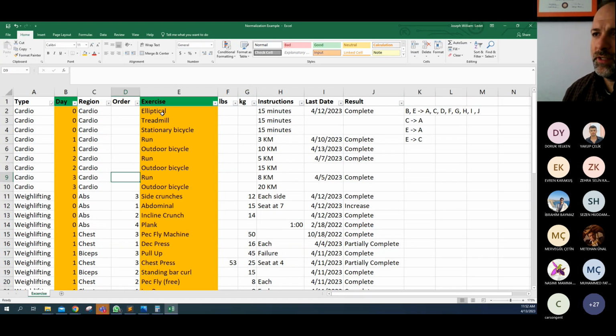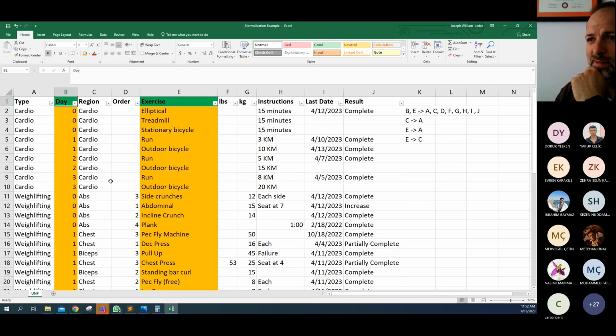So now, the first thing that we need to do is we need to say, okay, what are some partial dependencies that exist? So anything where B alone determines something else, anything where E alone determines something else. Is there anything where B determines something on its own? Not really, is there?